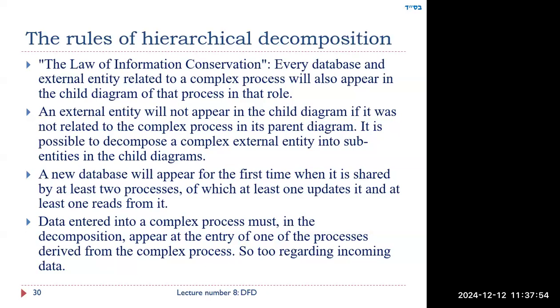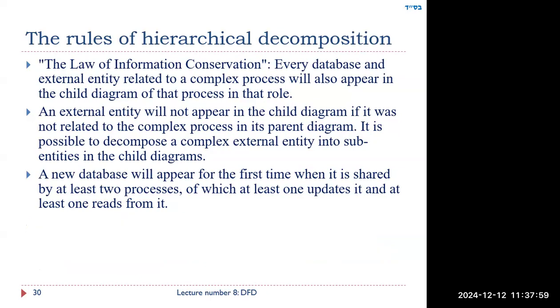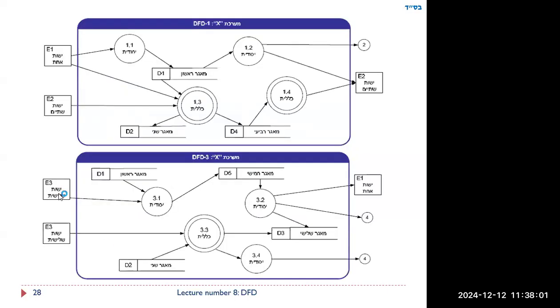In other words, he's saying that if I show data coming from this entity into 3.3, then when I look at 3.3, there better be a circle there that's getting something from E3, from entity 3.